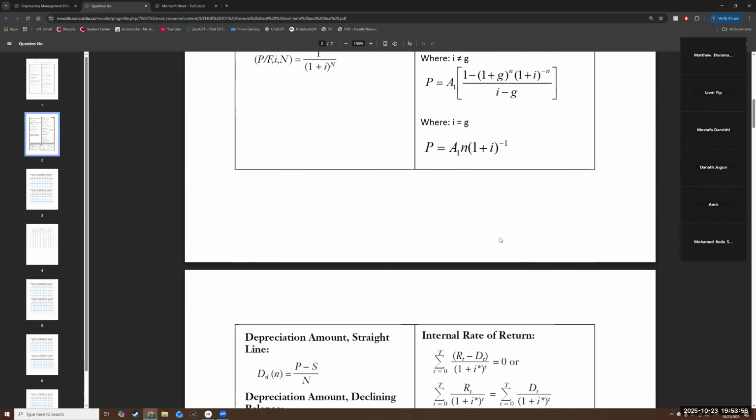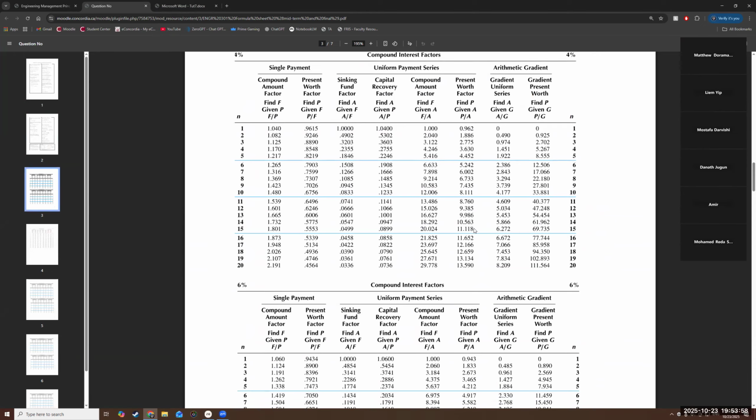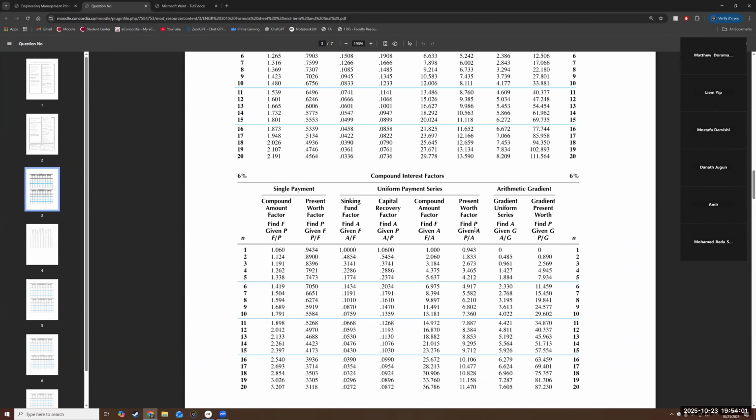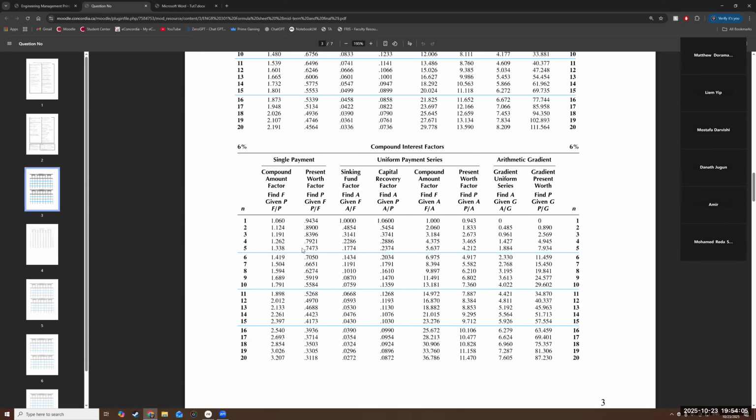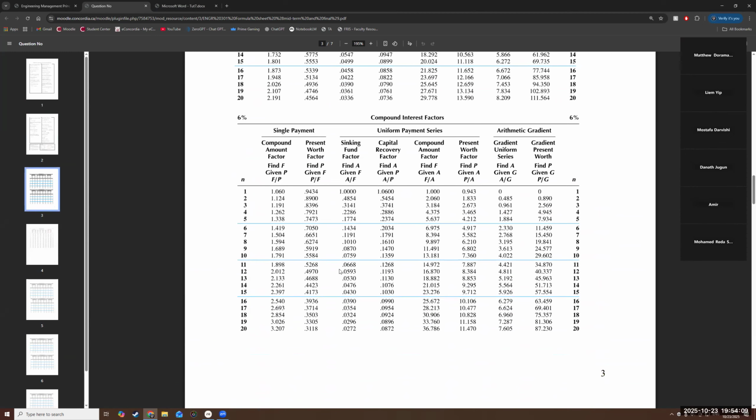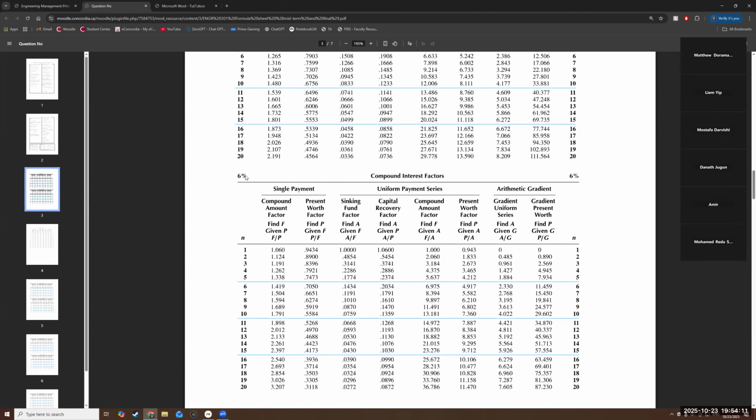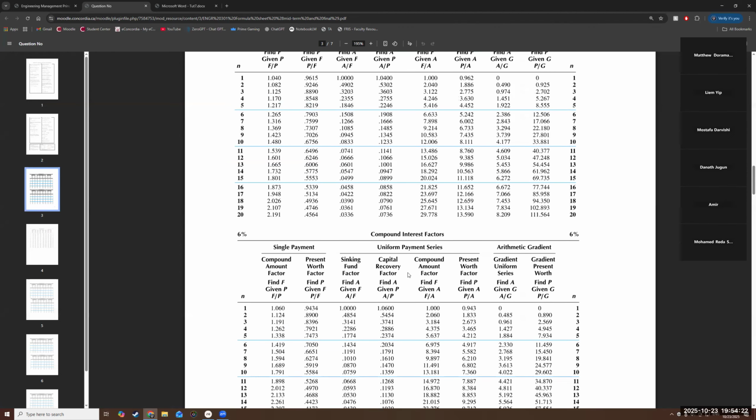Now, here's where using the tables works or interpolating works. For example, if you need 6% interest rate, if your n value is in the table and your interest rate is in the table, then you can just grab it there and there's no problem with that.